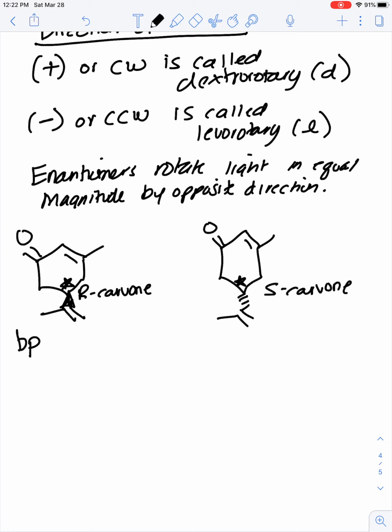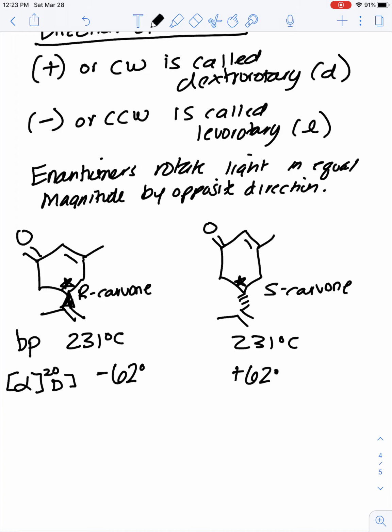When we look at some physical properties, the boiling point for both of these is going to be 231 degrees Celsius, which we would expect because the physical properties are going to be the same. If we look at the specific rotation, again, this is the sodium D line at 20 degrees Celsius. R-carvone is going to be minus 62 degrees, and S-carvone is going to be positive 62 degrees.